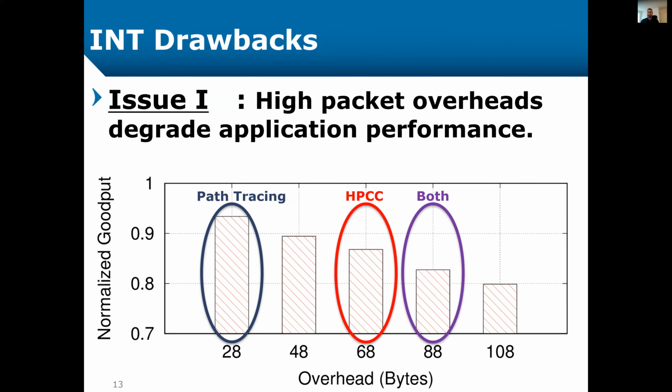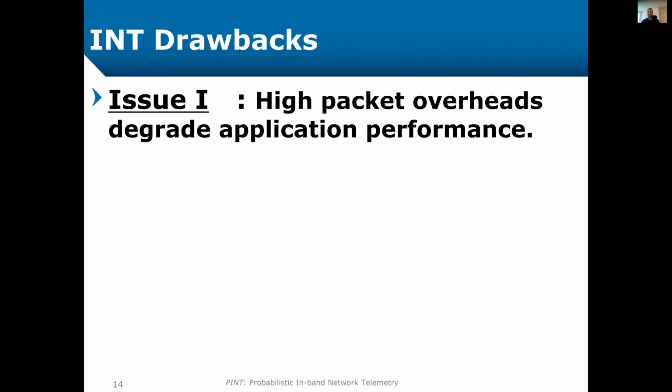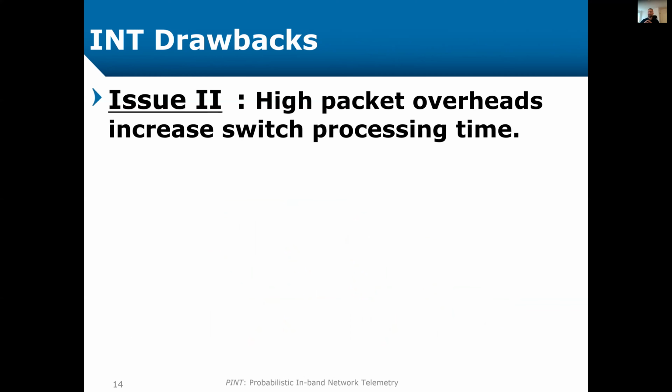And it may seem that this is a problem only for long flows, and maybe short flows that only send a few small packets should be fine. But the second issue with the INT packet overheads is they cause an increase in the switch processing time.